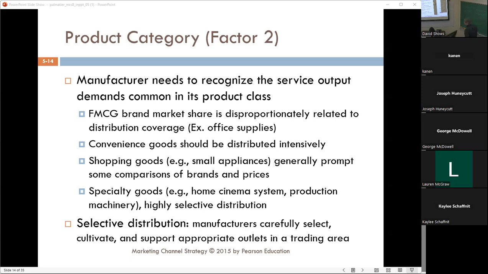Now, fast-moving consumer goods tends to be a really unique category because it kind of crosses not only what we might consider to be shopping goods, but also convenience goods as well.